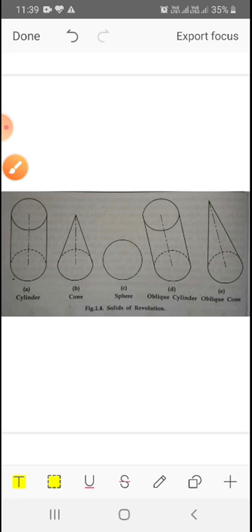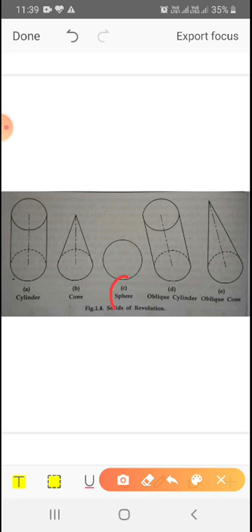And let us discuss what a sphere is. This is the sphere. When a semicircle is revolved about its diameter, it becomes a sphere.